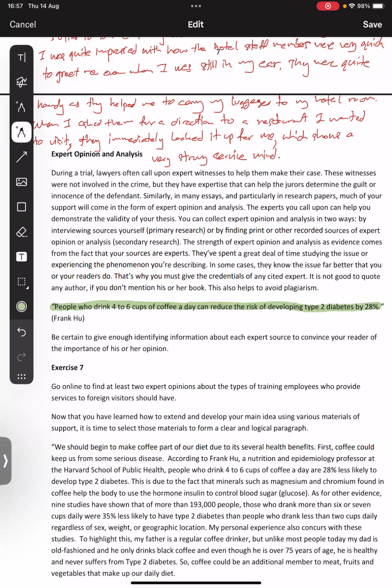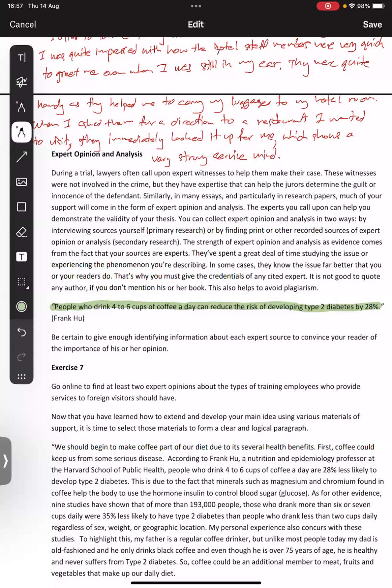So if we know from whom this information came, this statement will serve as a very good support to the claim that I'm trying to make. In this case, the assertion that I make is that we should drink coffee every day. If I want to convince people to drink coffee every day, this is going to be the statement that I use.